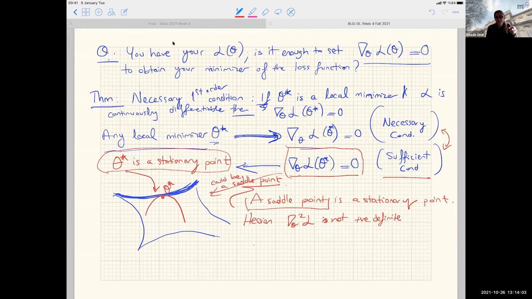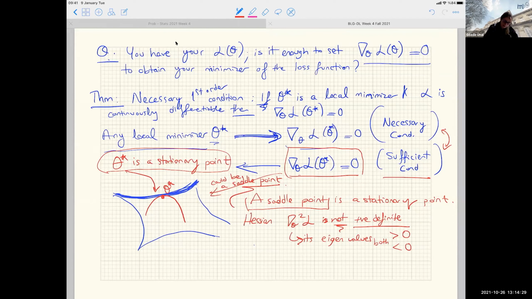Because it has a negative eigenvalue. It has some negative and some positive eigenvalues, so its eigenvalues are both positive and negative. It's obvious from the picture.